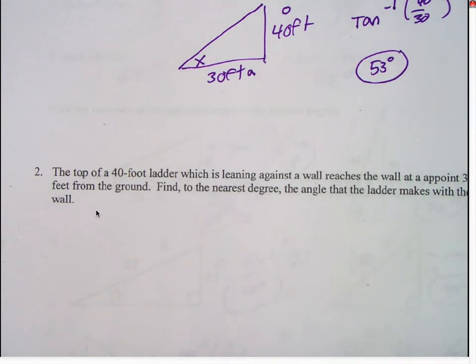If you feel confident about putting your 40, 36, and where your angle goes in your picture, label it opposite, adjacent, and hypotenuse. But everybody should be able to draw a right triangle, right? We know that's there. Then figure out which side is 40, which side is 36, which angle it's talking about. Reread the problem if you need to.